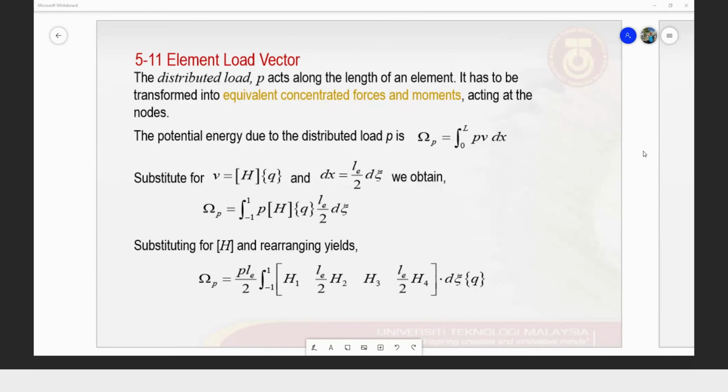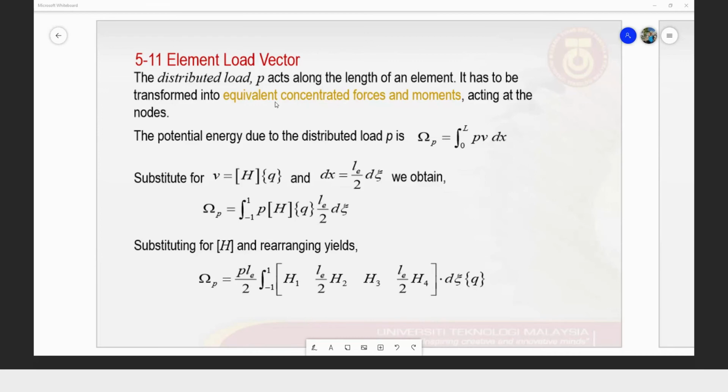We have to convert it into what we call an equivalent nodal force and moment. So kita convertkan dia ataupun transformkan dia kepada equivalent concentrated force dengan moment.